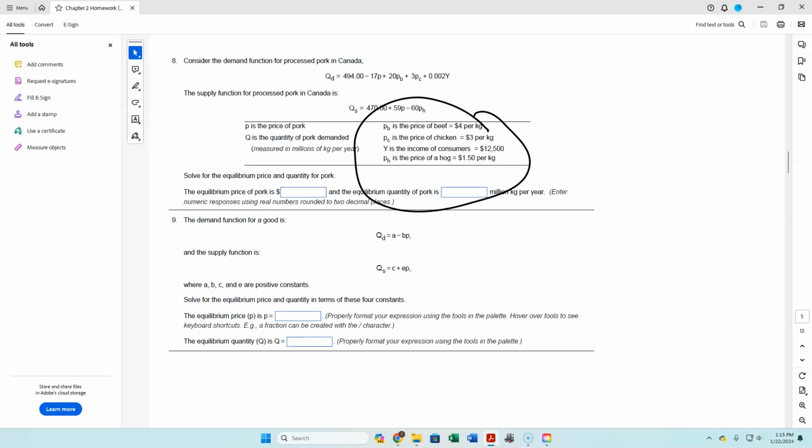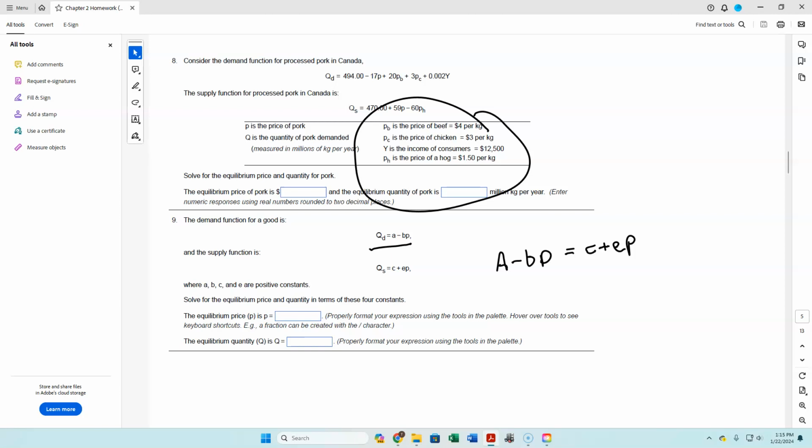And so what we're going to do here is, if my demand function has a general form with a constant term and a slope term of b, and my supply function has a constant term and a slope term of e, then what we know is that solving for equilibrium is that A minus BP would equal C plus EP.